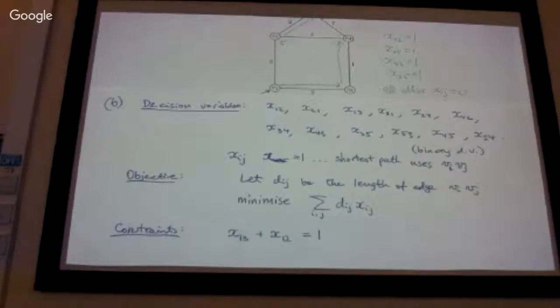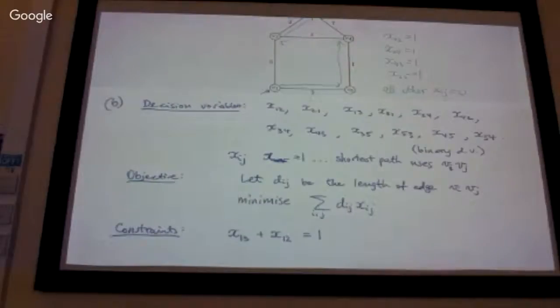I could put greater than or equal to 1, which will give me the same optimal solution. I'm not going to come back, that wouldn't be the shortest. If I came back and then went again, I could just avoid that loop and start right away and make it shorter. So in the shortest path, I'm only going to visit every vertex either not at all or once.